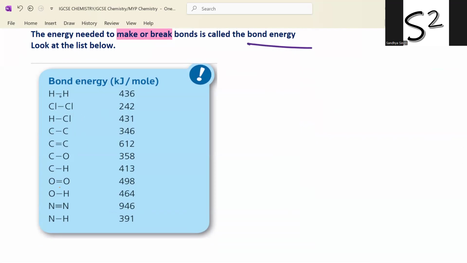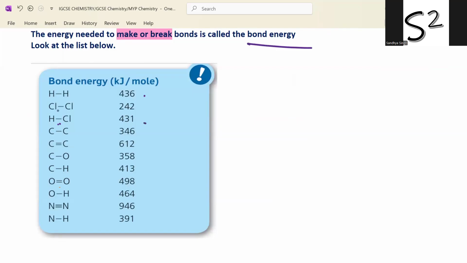The bond energy between hydrogen and hydrogen atoms is 436 kilojoule per mole. Chlorine and chlorine, 242 kilojoule per mole. Similarly, the bond energy between hydrogen and chlorine is 431 kilojoule per mole. What does it mean? It means if we want to break the bond between hydrogen and chlorine, we need to give 431 kilojoule per mole of energy.